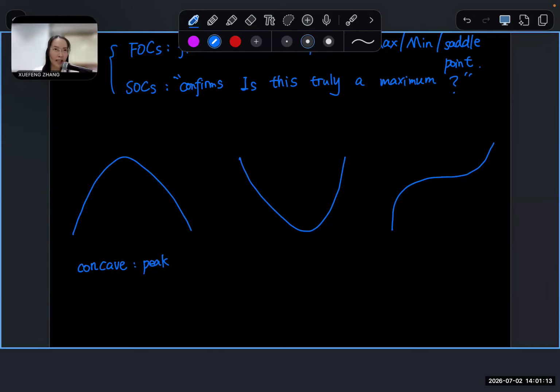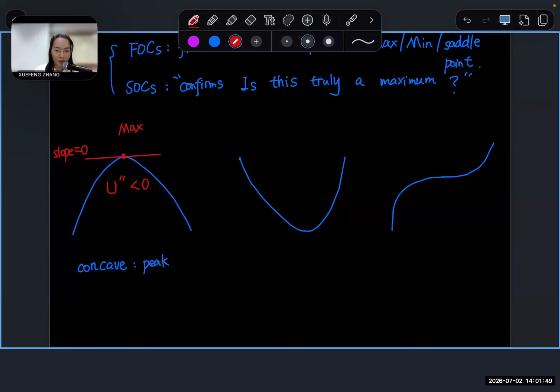The first order condition finds where the slope equals 0, and because it is concave, this point is the maximum. We need to check that the second order condition, u double prime, is less than 0.